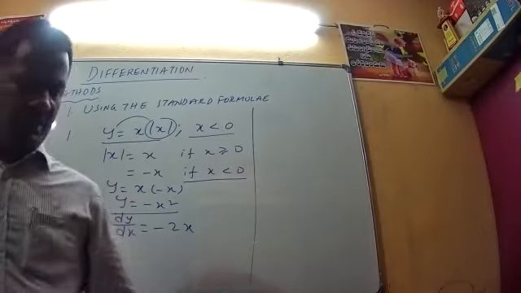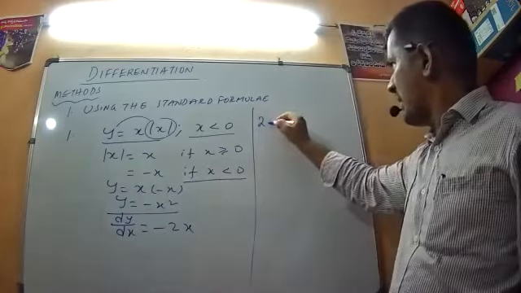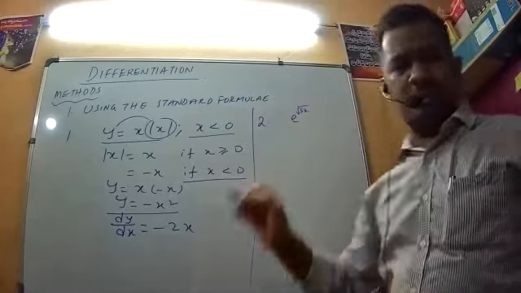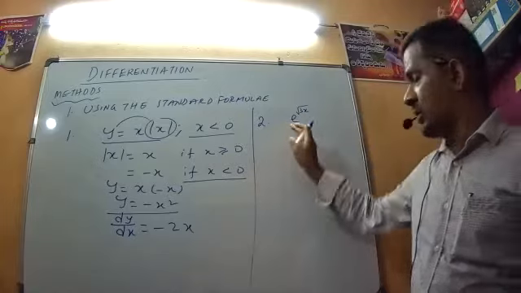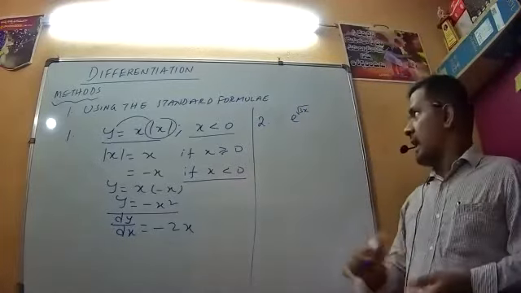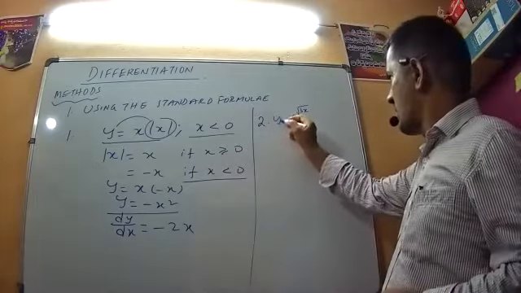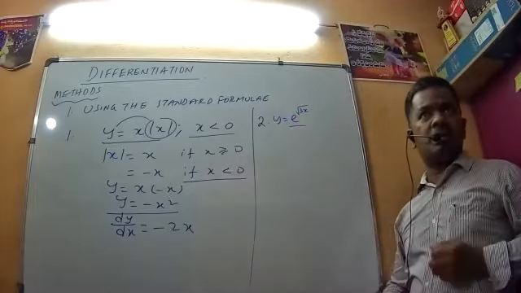Now let us do one more problem using the formulas. We are asked to find the derivative of e power root of 3x. Observe carefully: y is equal to e power root of 3x. Here it is like a composite function.